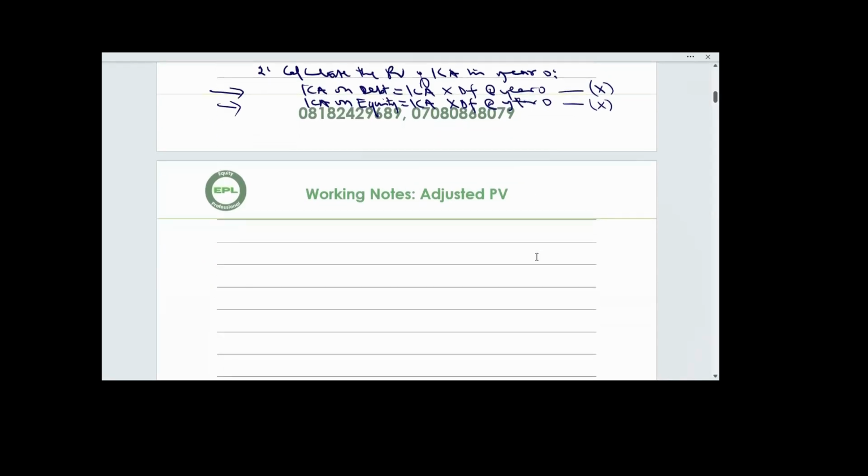So number 3, you calculate PV of tax saved on issue cost amount on debts.